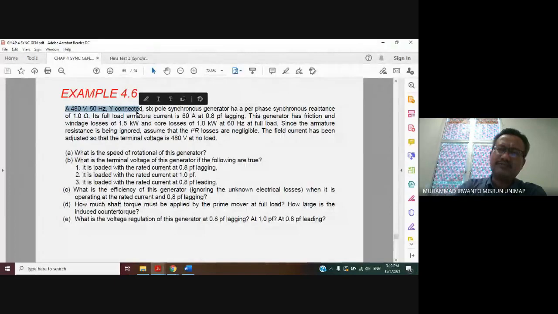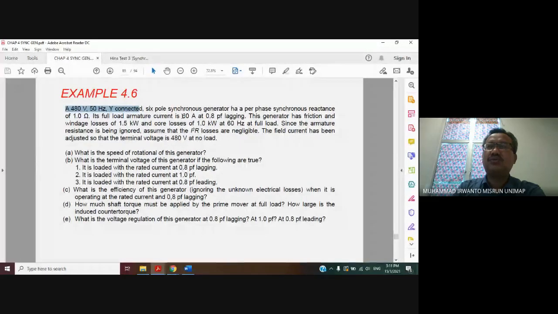I'll give one waveform, and later there will be more hints. Yes, there are hints. The waveform is the same. This one is line voltage, meaning line to line voltage. The number of poles is 6. And the synchronous reactance XS is 1 ohm.